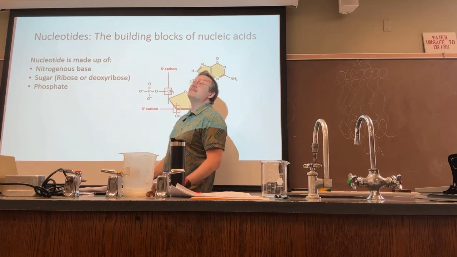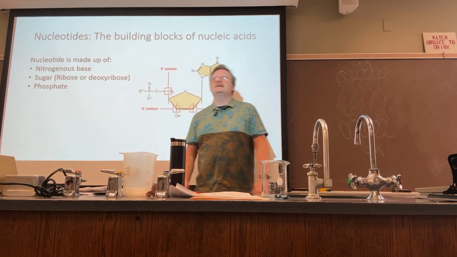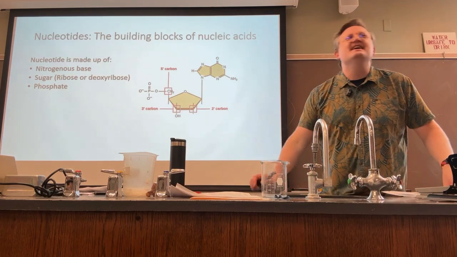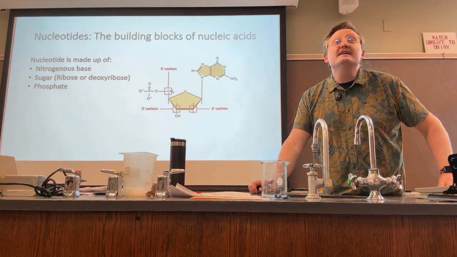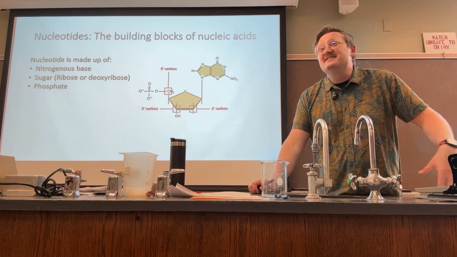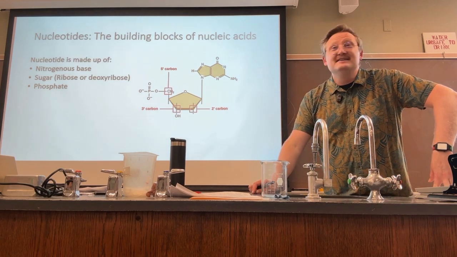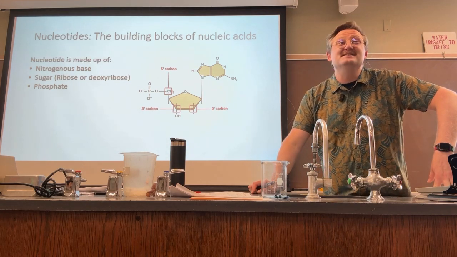Now, I've told you I'm not going to be worrying a lot about carbon numbering. I just think it's not, for biology, a great use of our time. But when we're talking about organic molecules, sometimes you want to talk about something attached to a specific carbon. So in a carbon-based molecule, you give the carbons numbers.